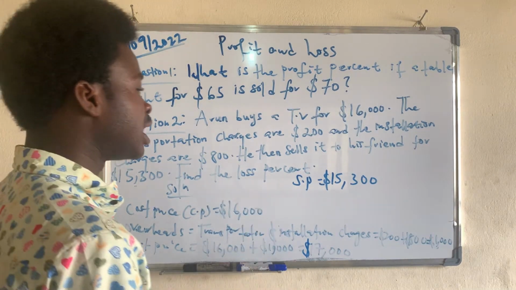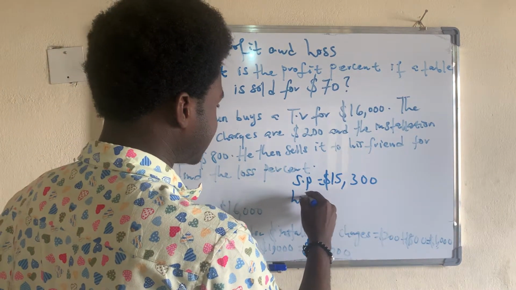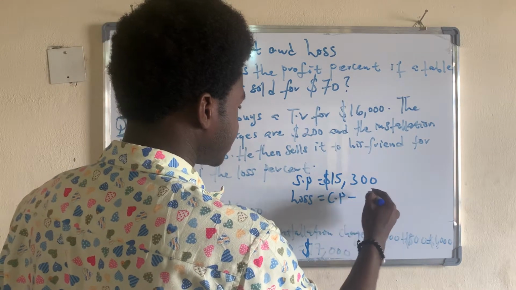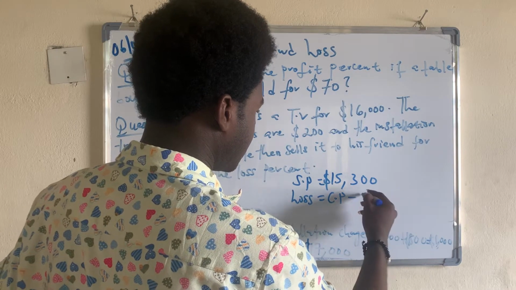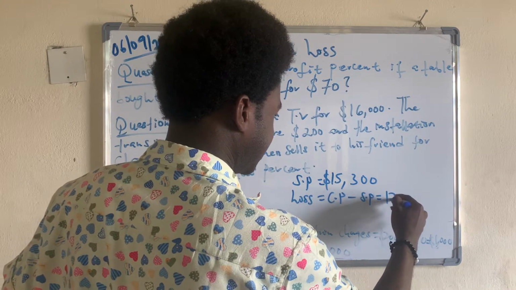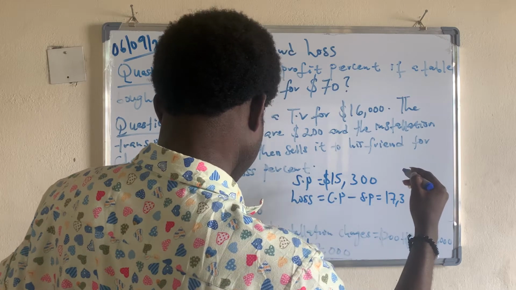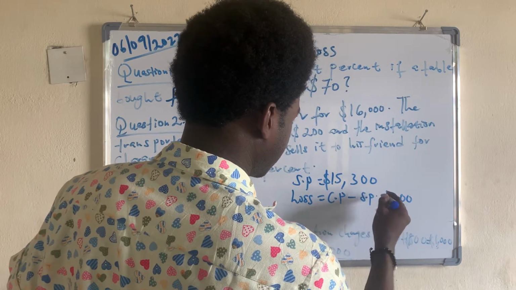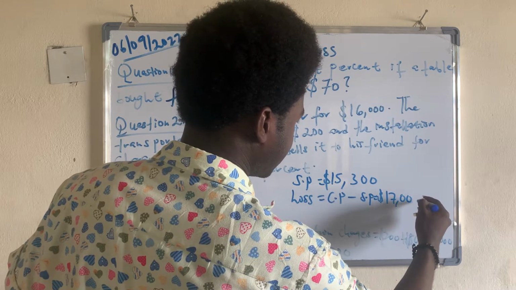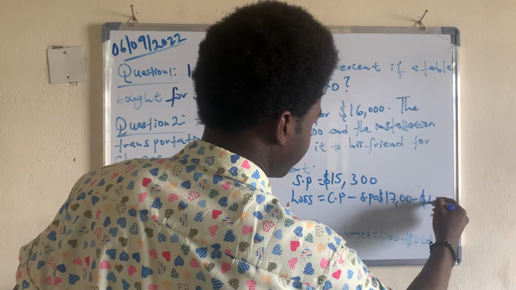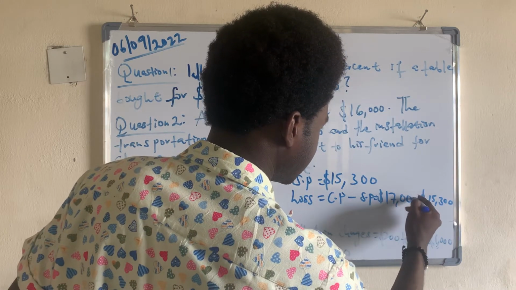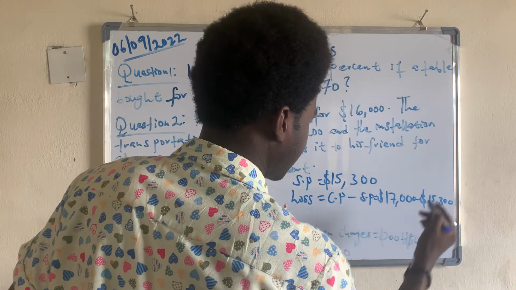So we get our loss first, and loss is simply your cost price minus your selling price, which means $17,000 minus $15,300.